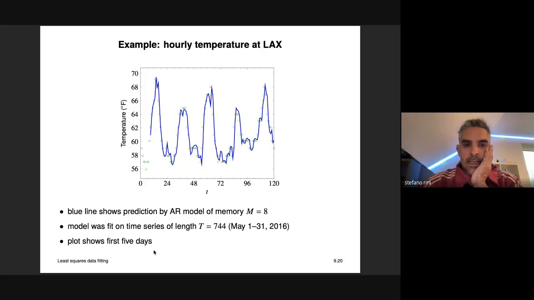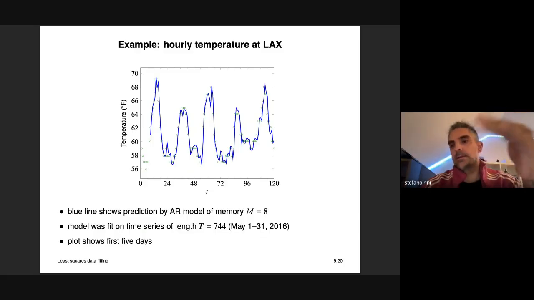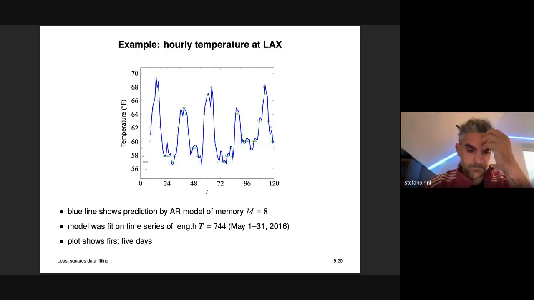Hourly temperature in LAX, and as we were saying, this is 1 day, 2 days, 3 days, 4 days. So you know that the model has a certain memory, right? There's an inherent memory of the system. The weather can change on an hourly basis only so much from the previous pattern. So the memory m is fixed to 8. Here you predict 1 hour ahead.